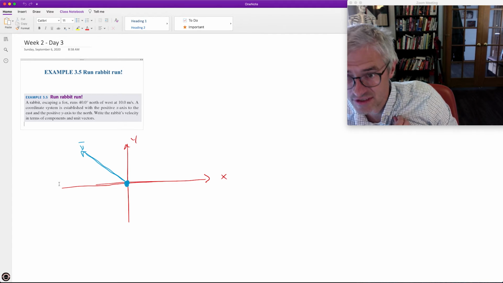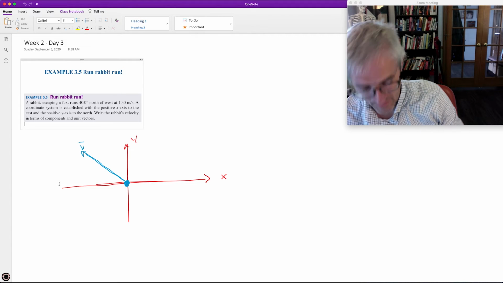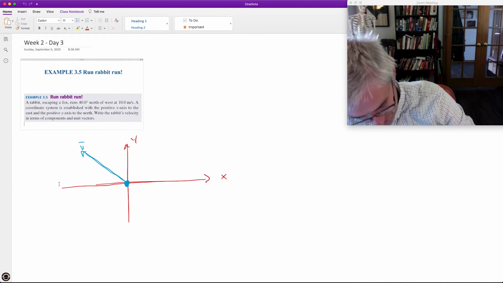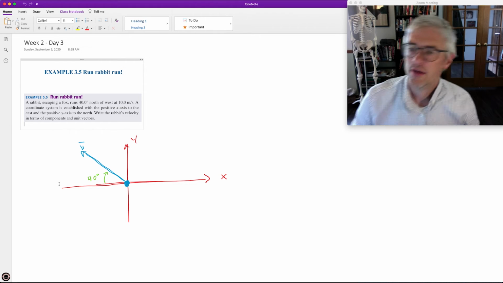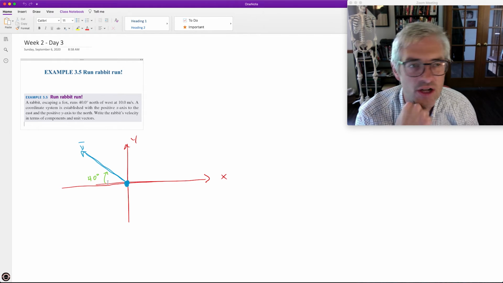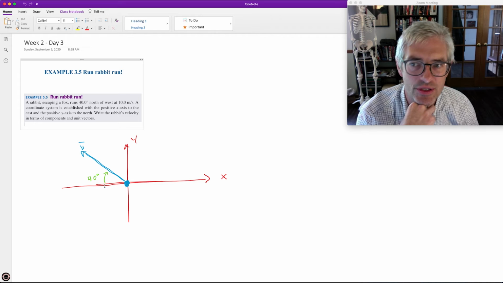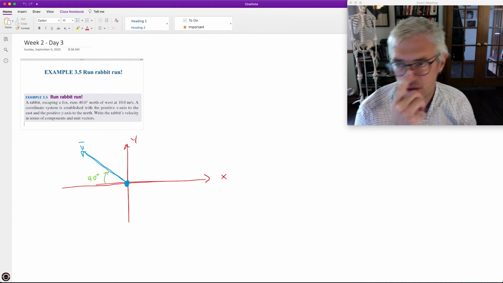There's my velocity vector. And the angle provided to us, that's 40 degrees. And notice I started on the west and went north. So it's north of west going up there.